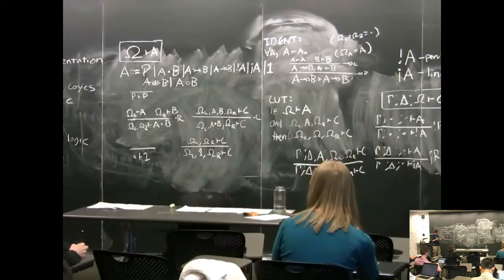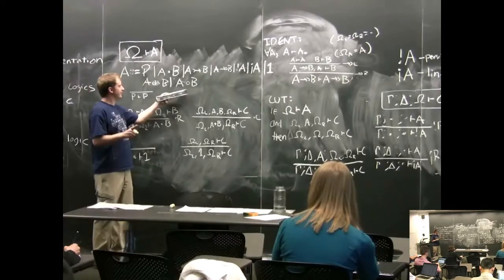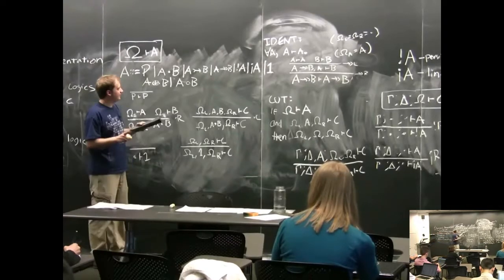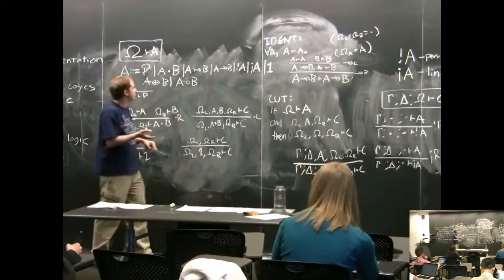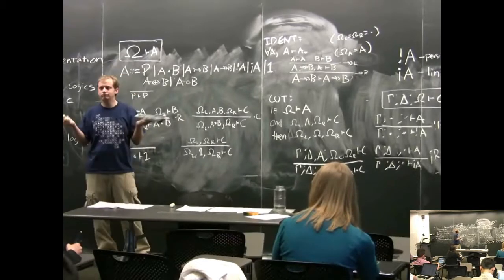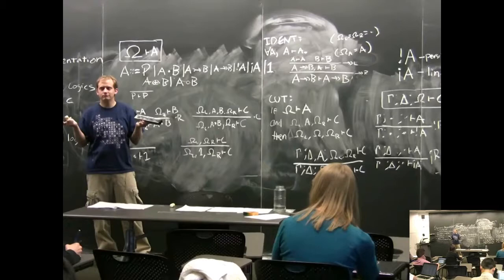I think it's not necessarily a clear story whether this is a proper connective, because you can define these in terms of each other. But you're right, that is a thing that we can give rules for that makes sense. One more?